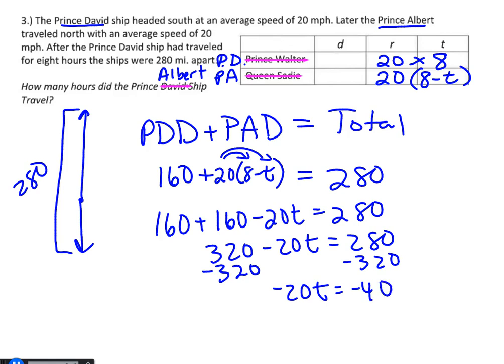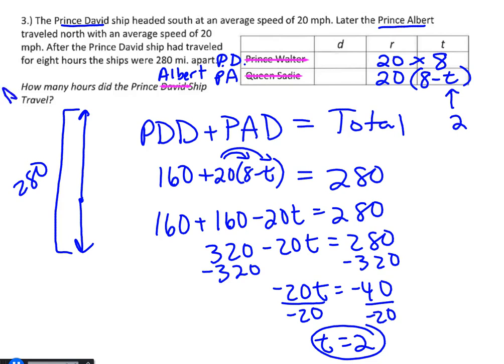That's okay because the coefficient of t is also negative. So when we divide by that negative 20, our time is still going to end up being positive, which is good. So that means he must have waited 2 hours, because that's this number right here, is 2. But this asks how many hours did the Prince Albert travel? So it was 8 minus 2. So his actual time traveling was 6 hours.